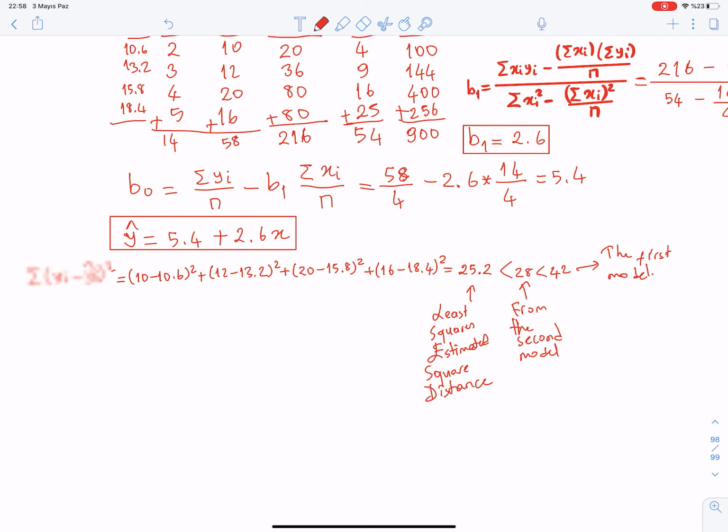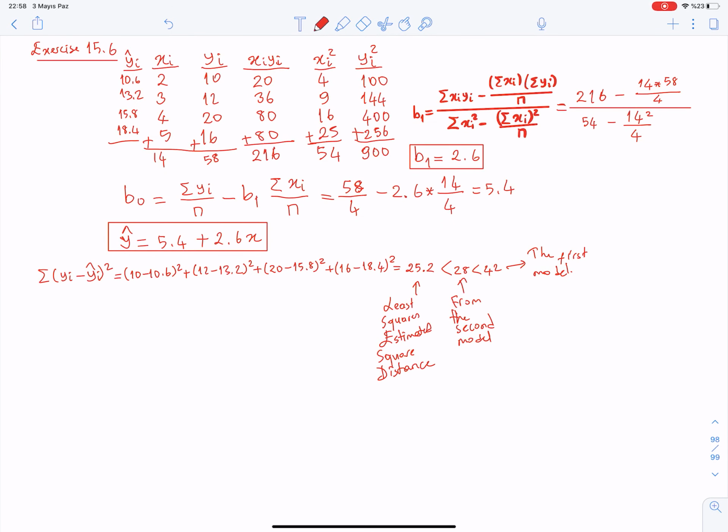So our model is much better. The least square model is always better. This is the best fit line, the regression line you can estimate for this data set. For this pair of observations, the best fit line is this one.